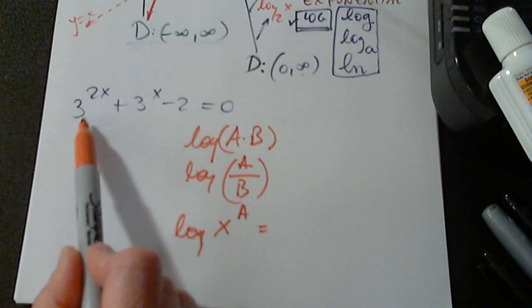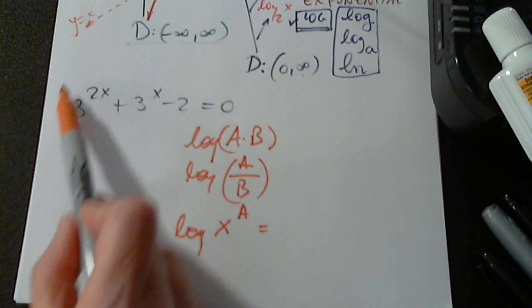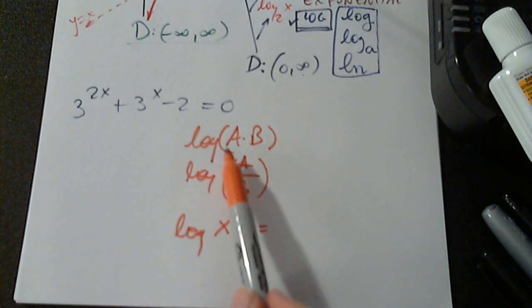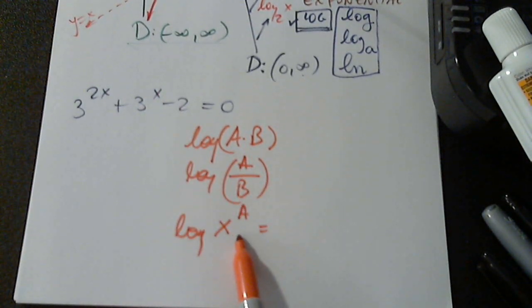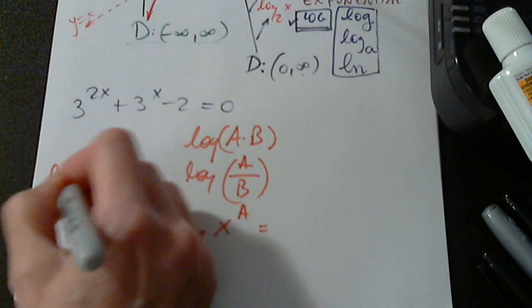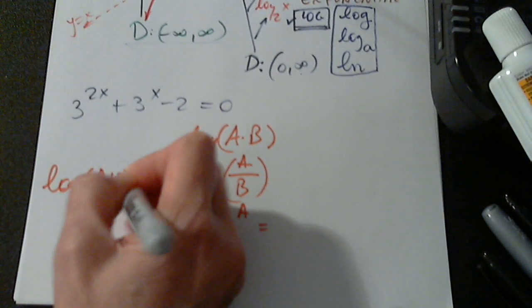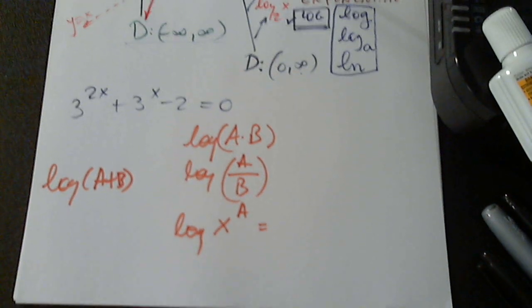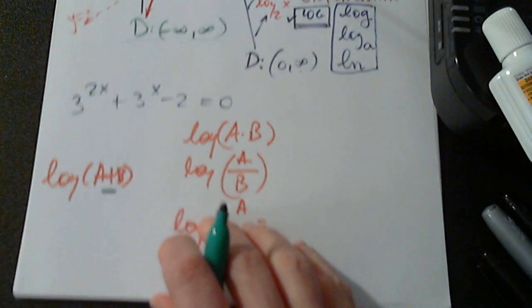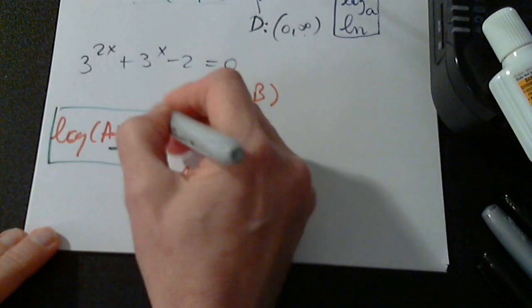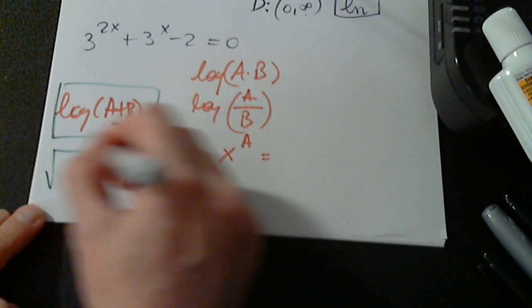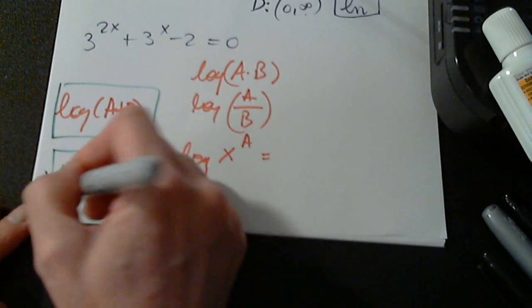So notice that even if you move 2 to the other side and you try to apply natural log to this, there is no property that allows us to further simplify that. So log of a plus b, or log of a minus b, is carved in stone. Similarly to, we discussed this, a plus b.